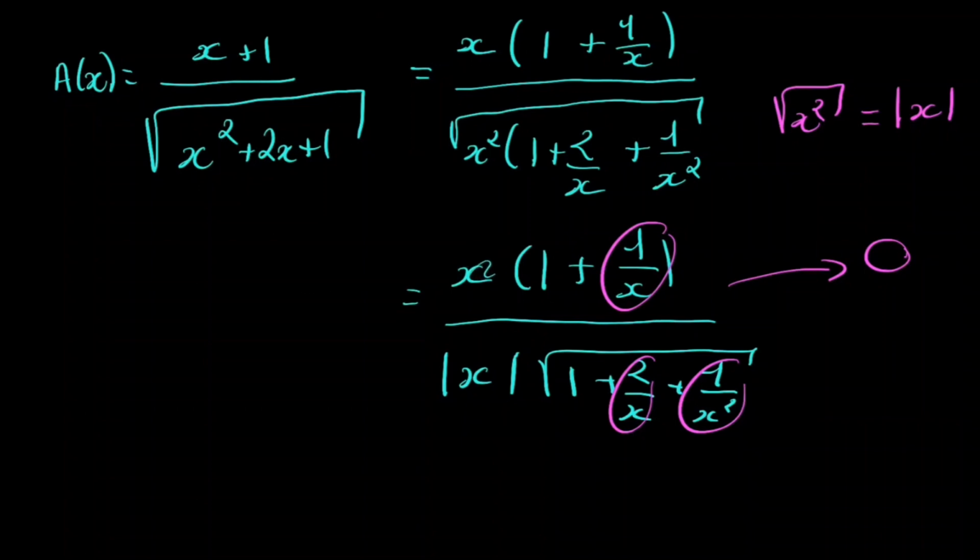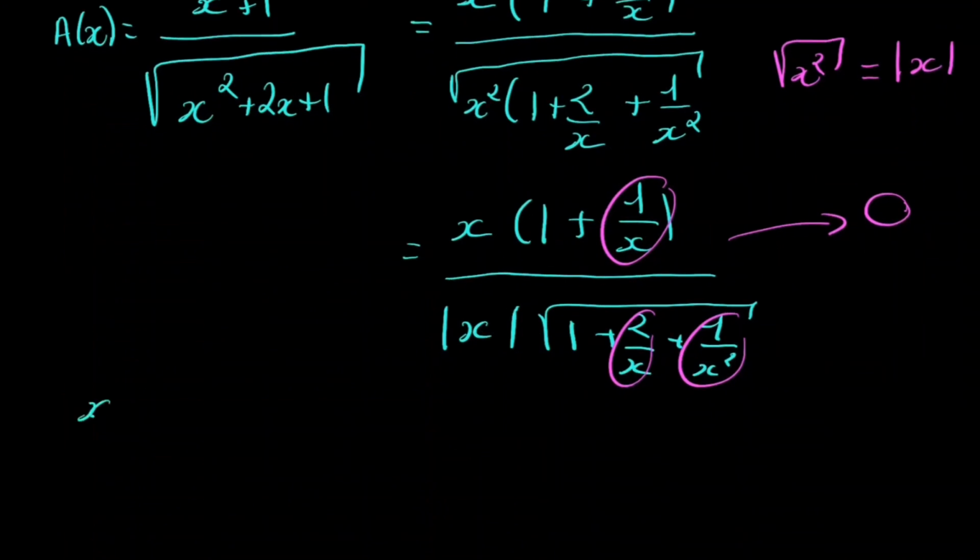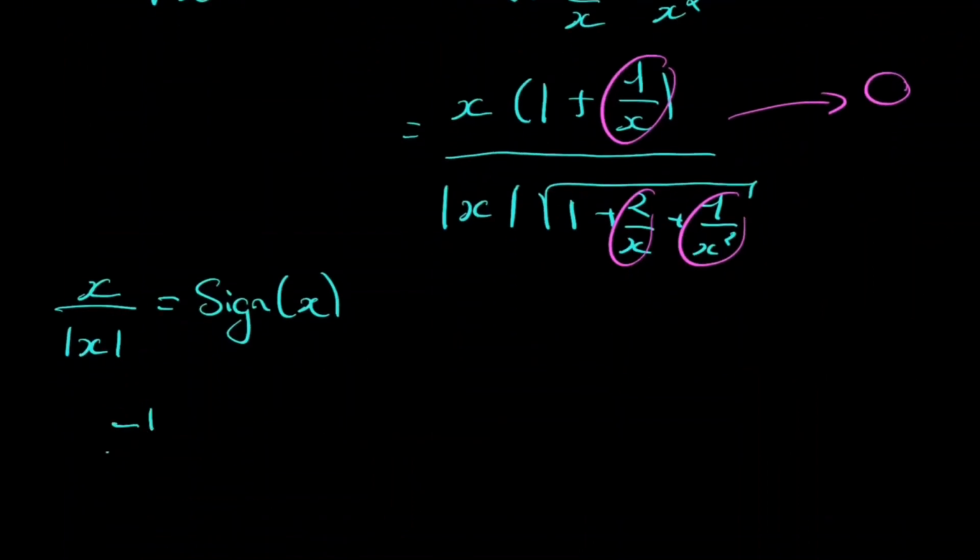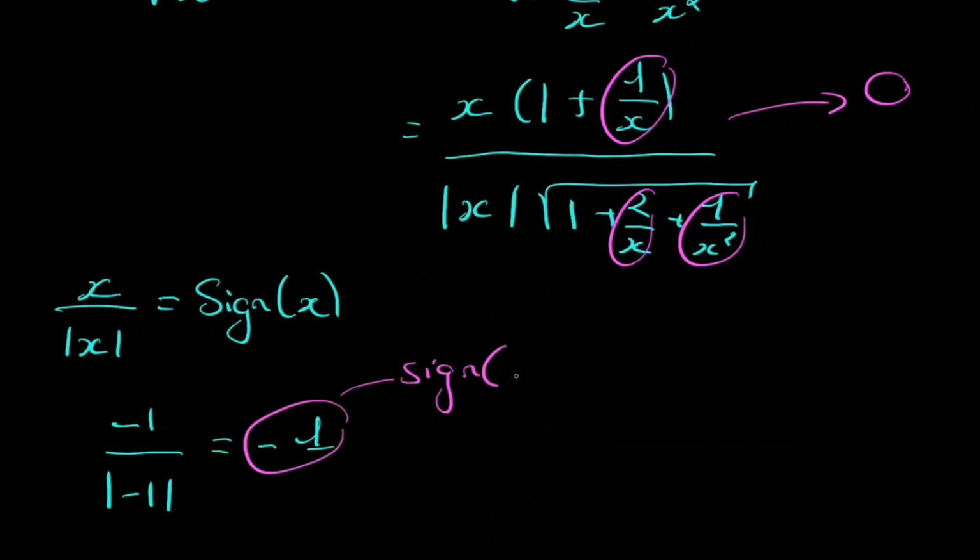This thing here will give us the sign: x over absolute value of x gives us the sign of x. If we have minus 1 over absolute value of minus 1, it's equal to minus 1, so this is the sign of minus 1.